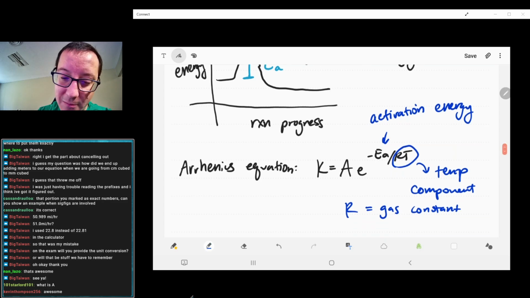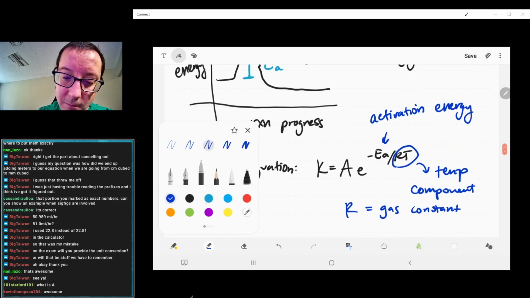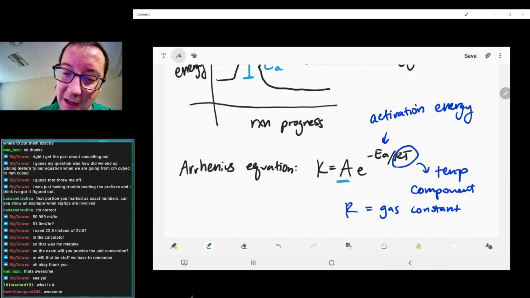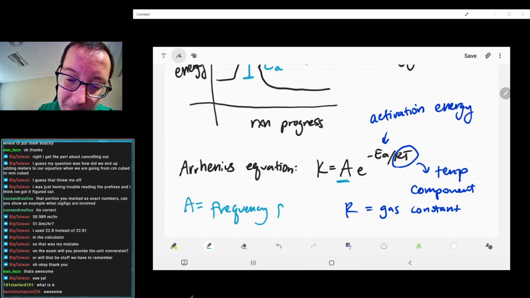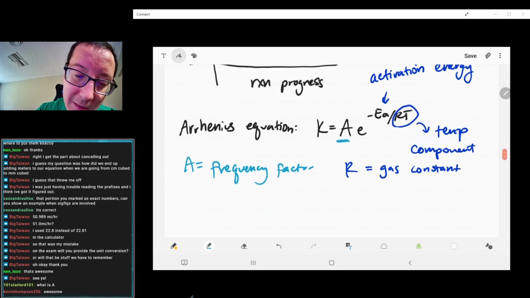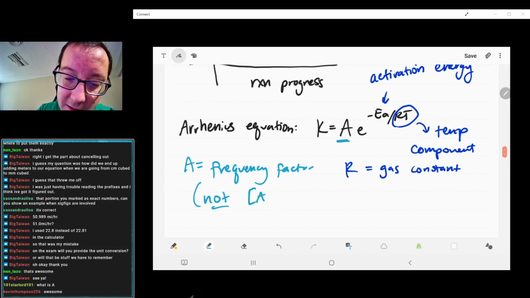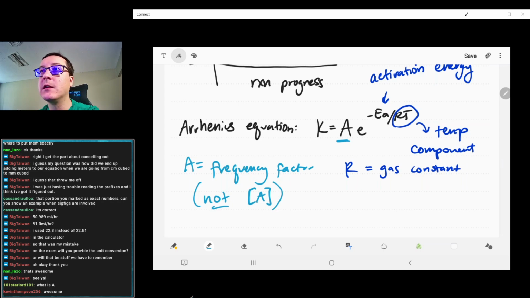E being the mathematical constant there. What's interesting here is we have this A term. A is called the frequency factor. This is not the same thing as concentration of A. And this thing is going to be interesting because it is temperature independent.